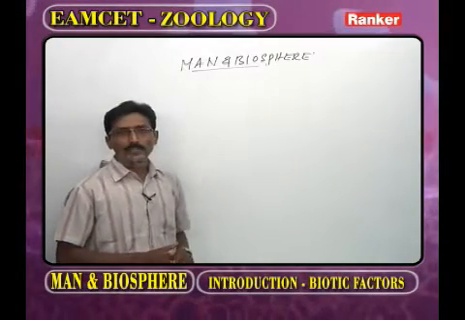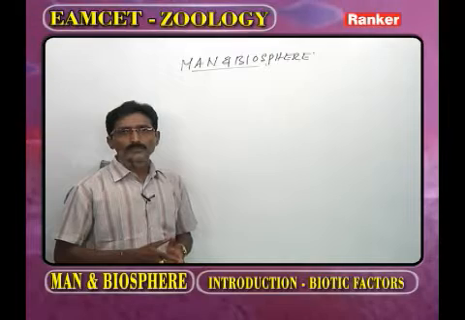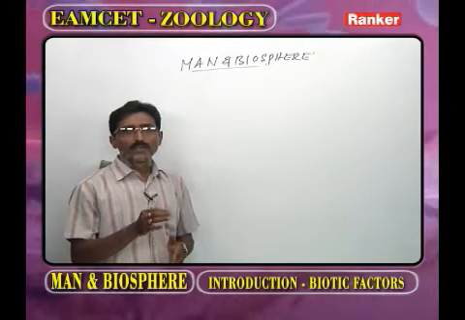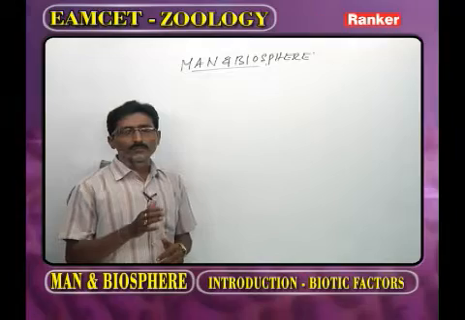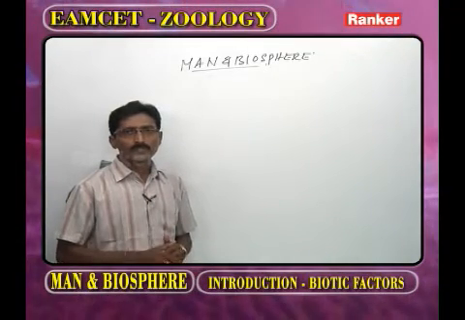Regarding the EAMCET point of view, this is a very important topic, and at the same time it is completely a by-hearting topic. From this topic we are getting a minimum of 4 marks of questions.